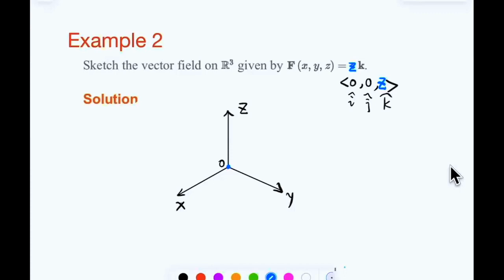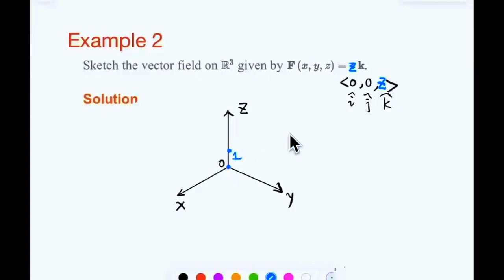You see this vector actually just depends on z. The x and y are not going to affect the vector. So if z over here is 1, how does the vector look?